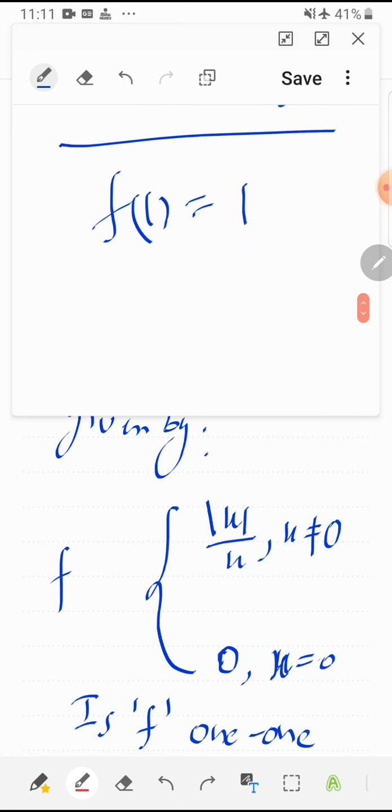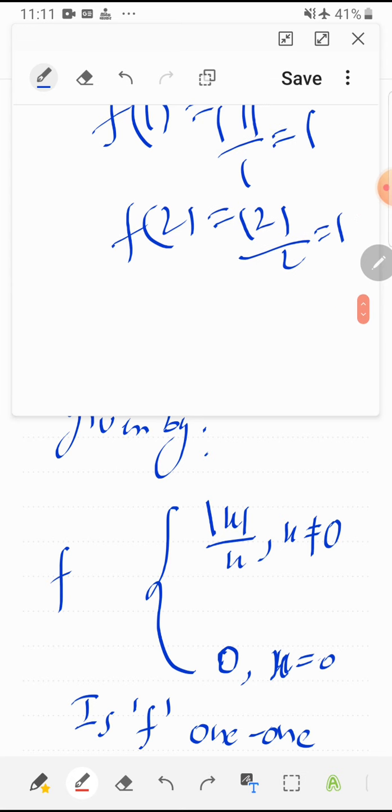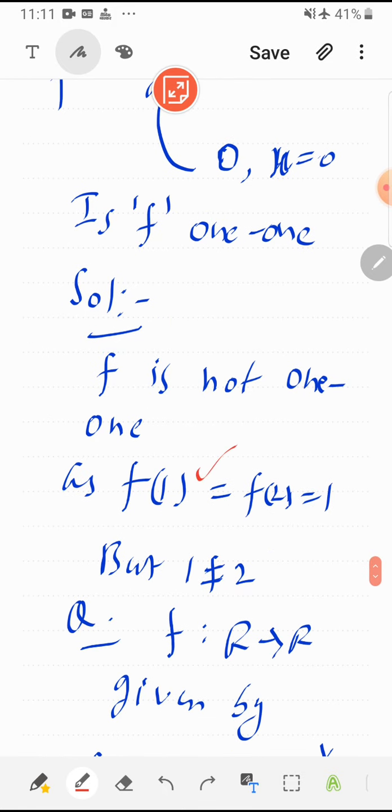The answer is mod 1 upon 1, which is 1. What is f of 2? Mod of 2 upon 2, which is 1. What is f of 3? Mod of 3 upon 3 is equal to 1. So that is enough to declare that it is not a 1-1 function, because f of 1 is equal to f of 2 is equal to 1, but 1 is not equal to 2.